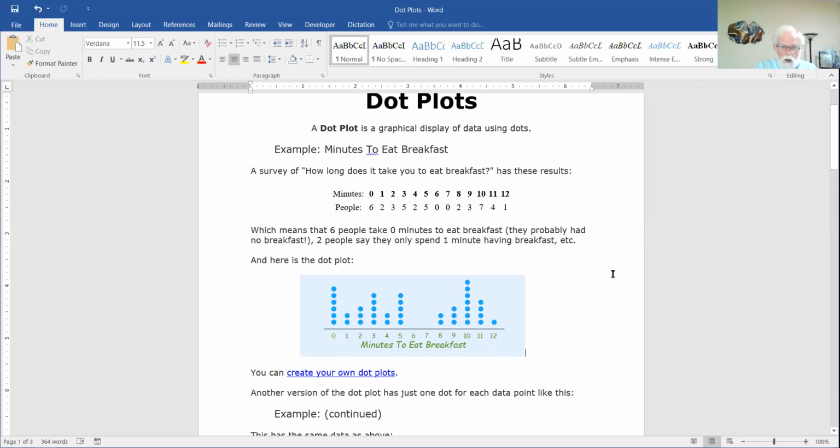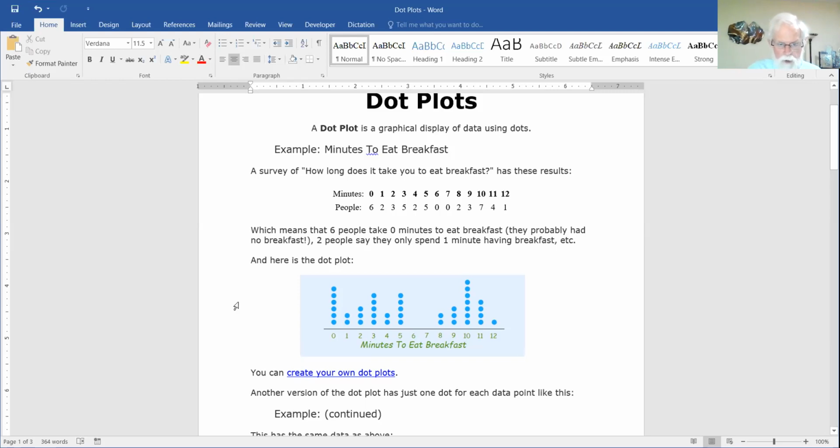So these are our data. Our x-axis here is simply the number of minutes. We just list them out one at a time. We can use ranges. I've seen this done with the presentation of blood pressure data.